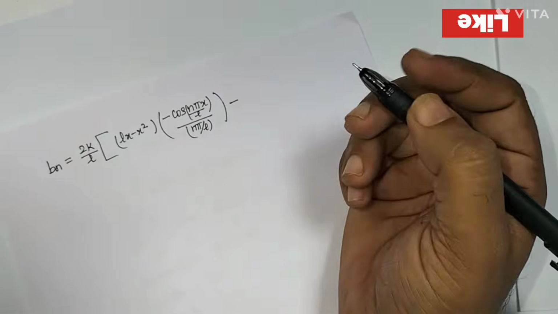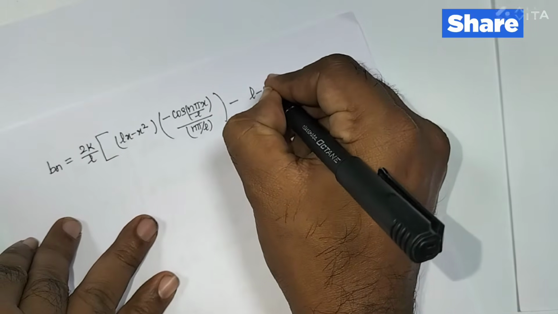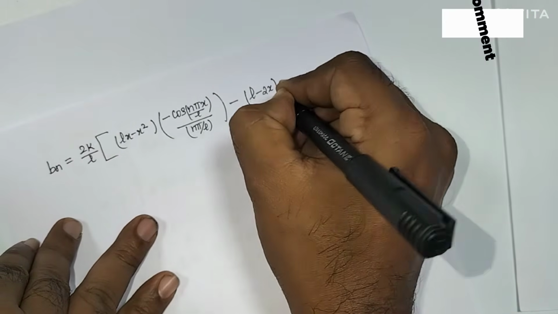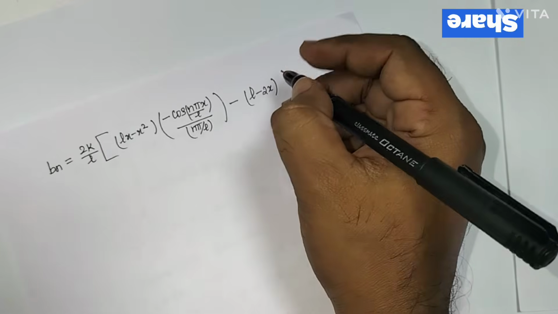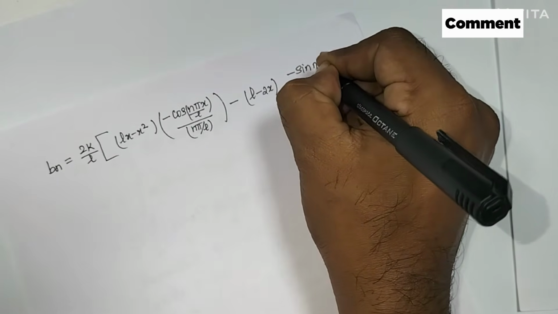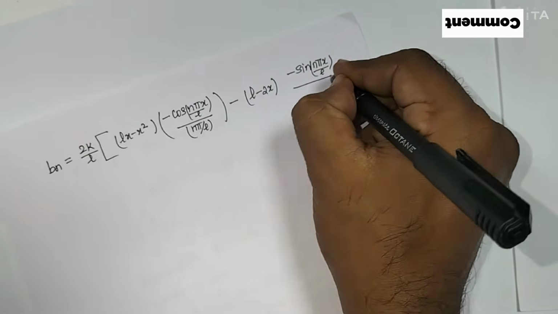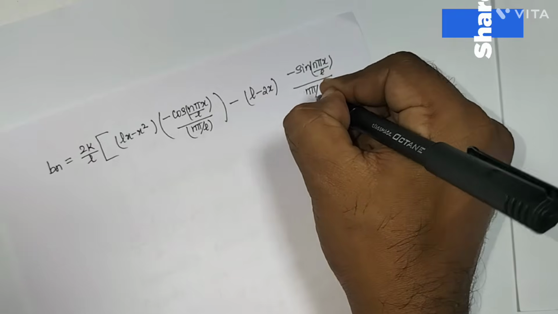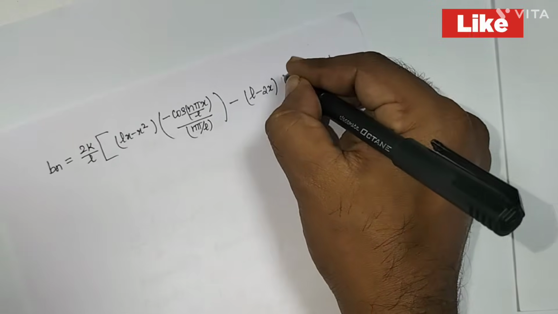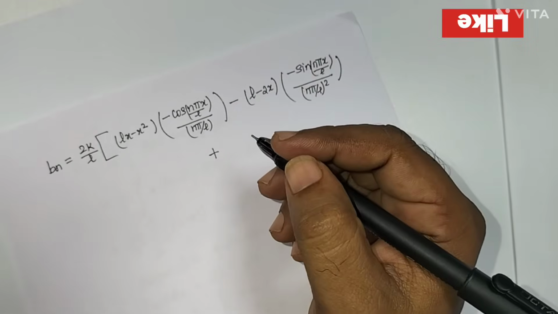What is u dash? L minus 2x, and V2 is minus sin n pi x by L divided by n pi by L whole square. This is the second term, and plus the third one u double dash into V3.